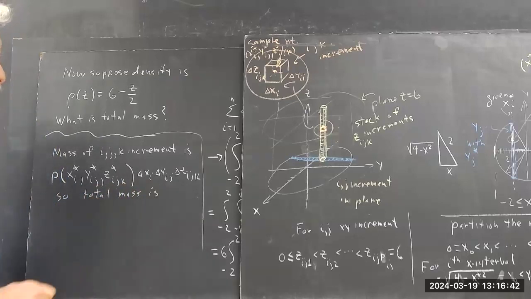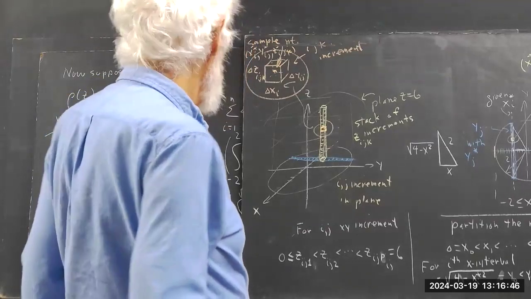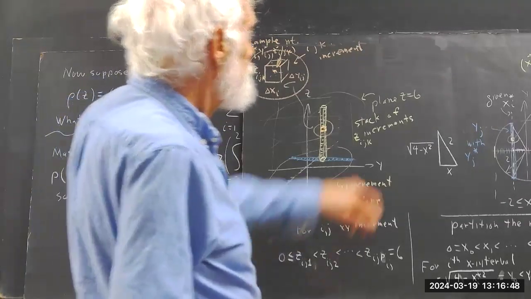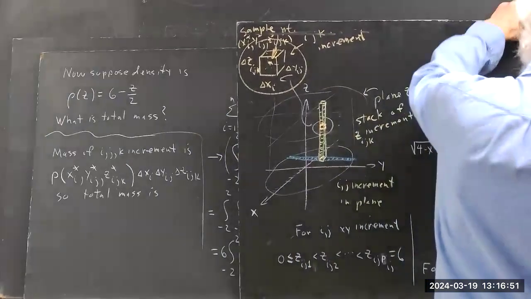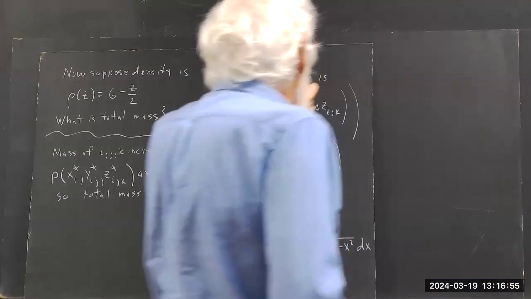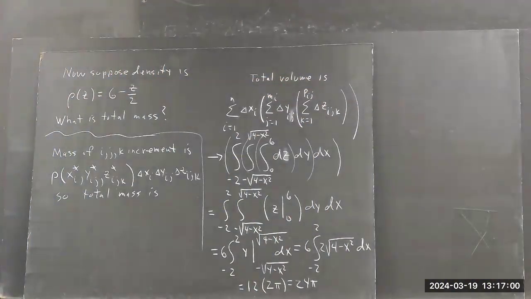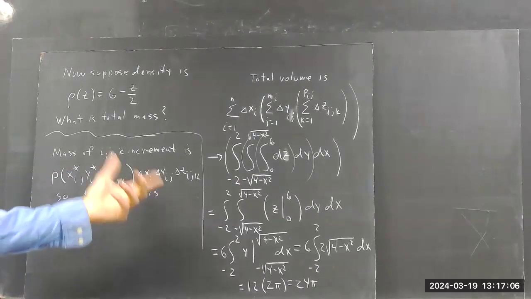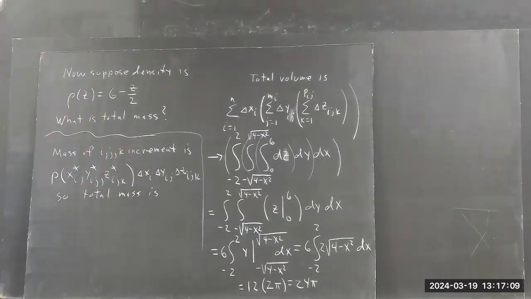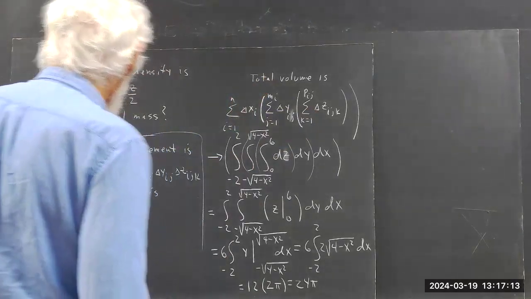What's the total mass? Well, we just write out the same thing here, except that we put our rho of xi star, yj star, and all that in there. The total mass is the sum of all the mass increments.